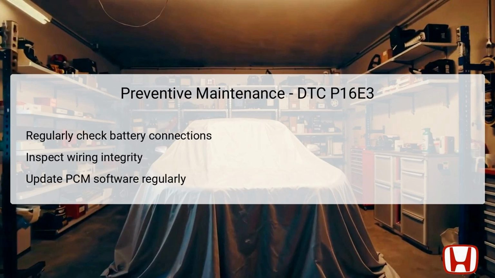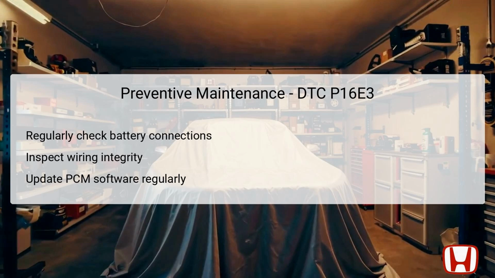To help prevent the occurrence of DTC P16E3 in the future, it is essential to incorporate some preventive maintenance practices. One of the most effective steps is to regularly check the connections at the battery sensor to ensure they are secure and free from corrosion, which can impede communication.